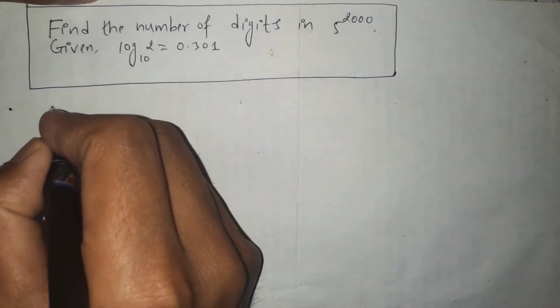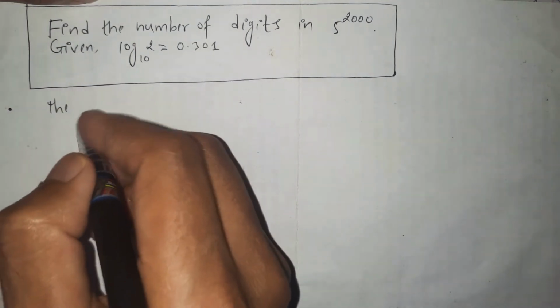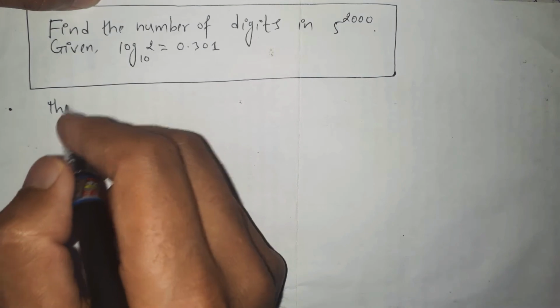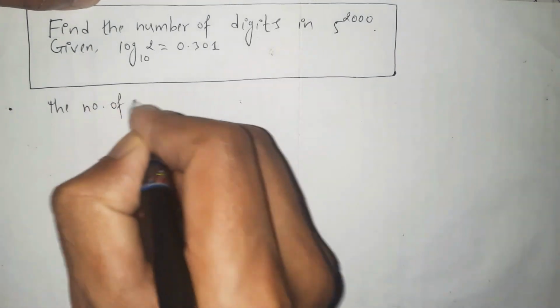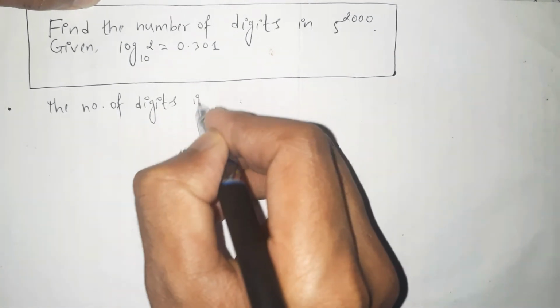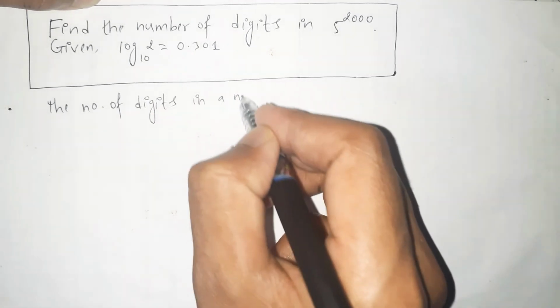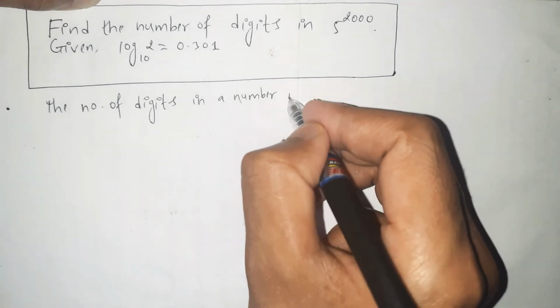Here the number of the digits, let me write something about the formula. The number of the digits in a number, let's say the number be n.